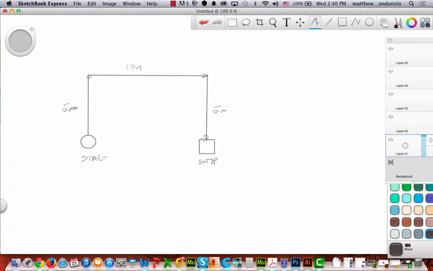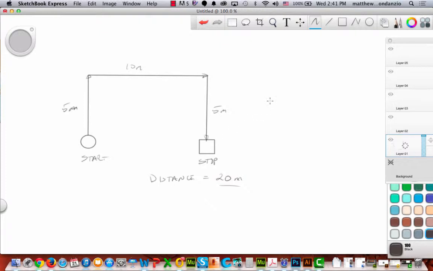How far have I traveled from the beginning to the end? 20 meters. This is my distance. My distance is how far I went. This is 20 meters. Notice it is just a magnitude, no direction.